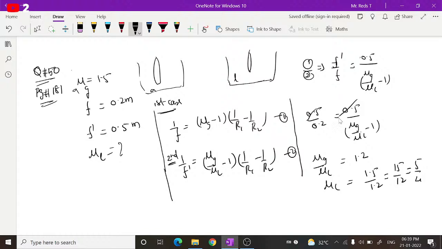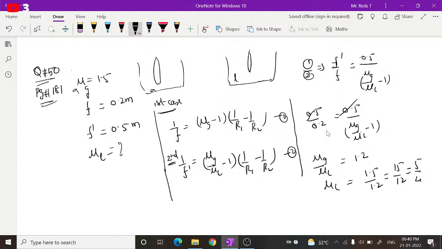0.5 by 0.2 is equal to, here mu g minus 1. Mu g is 1.5 minus 1 becomes 0.5. So 0.5 by mu g by mu l minus 1. So 0.5, 0.5 cancel.